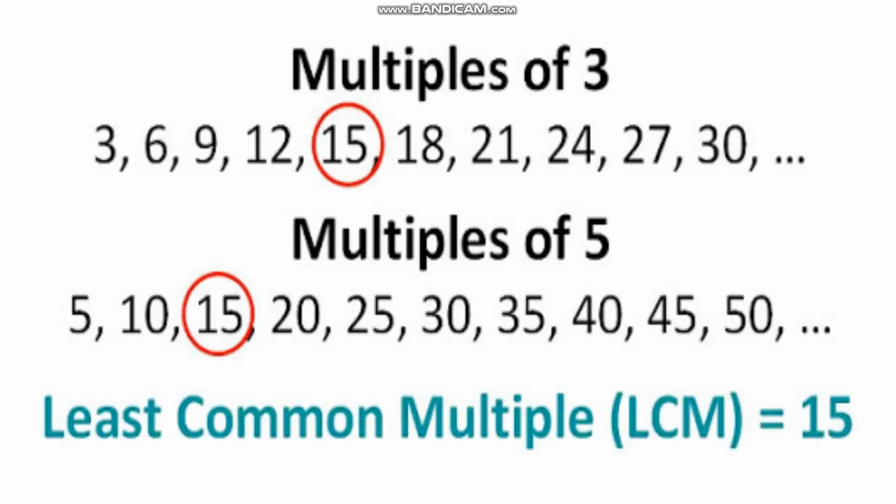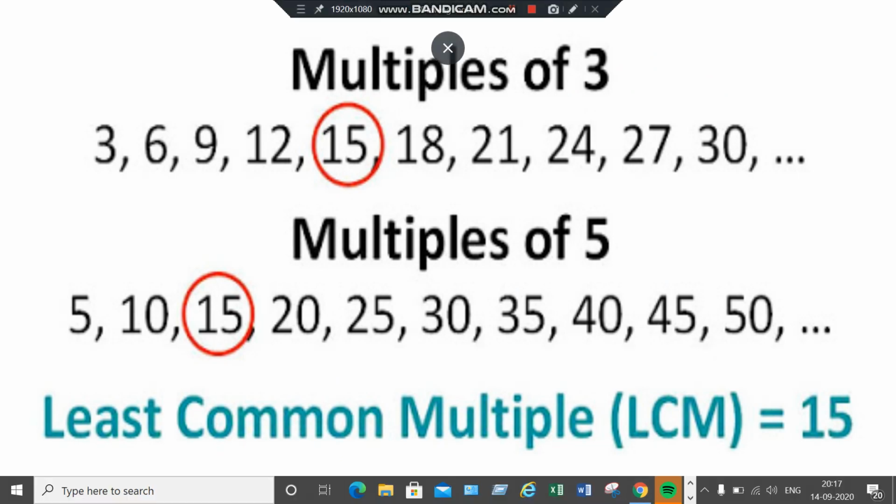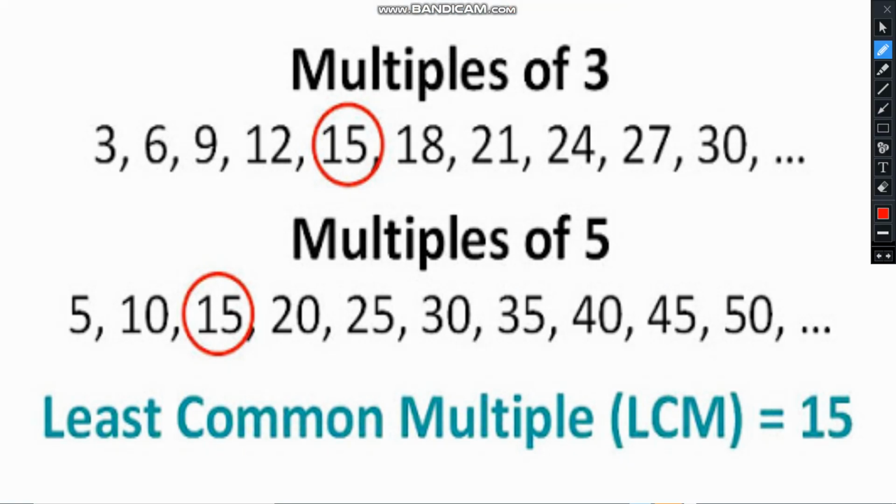Now as you can see here children, like we have the common factors, similarly over here we are having the common multiples. Now as you can see here children, we have the multiples of 3 and we have the multiples of 5. So we have written all the multiples of 3 here. We have written all the multiples of 5. Now if I say which ones are common multiples between 3 and 5, so we have here 15.